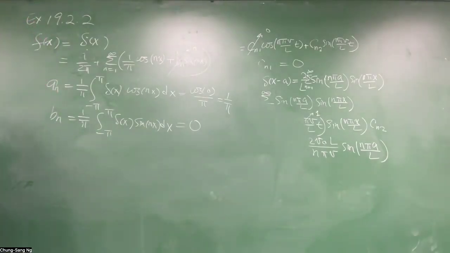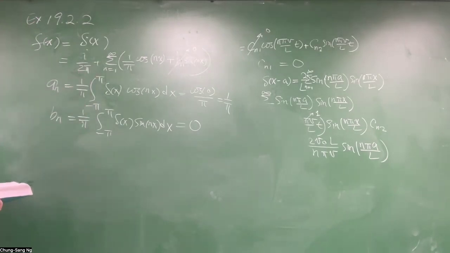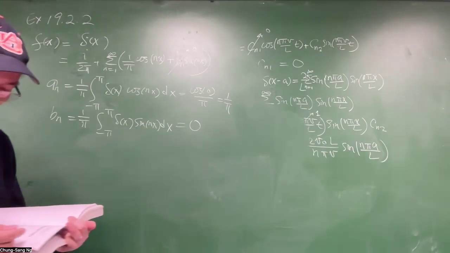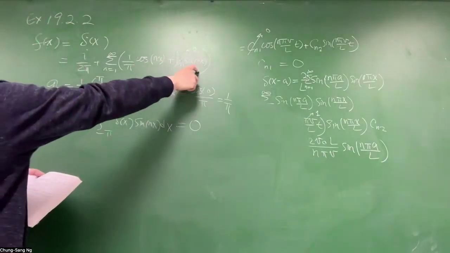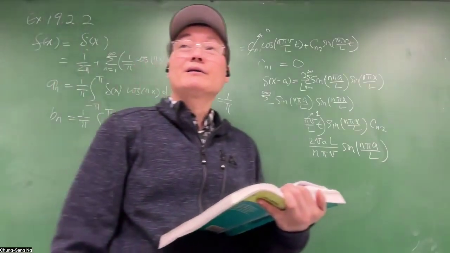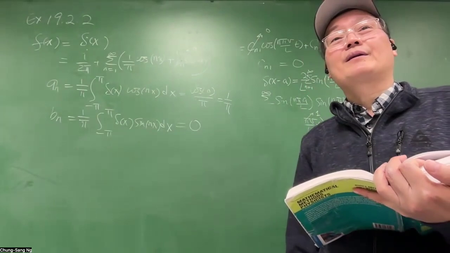As long as the period is 2 pi, it's the same. This works for periodic functions. The period is 2 pi, from minus pi to pi is 2 pi. The textbook equations are 0 to 2 pi, but that doesn't matter. These are all periodic functions with period 2 pi, so the integration limit doesn't matter.